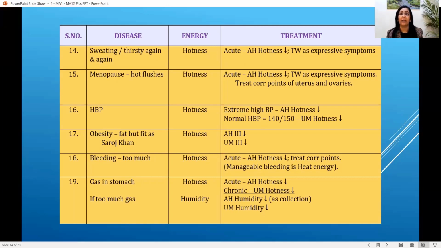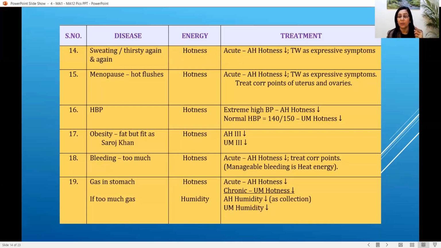then you have to treat it as acute, and treat the hotness meridian, which is the spinal cord meridian, the triple warmer. So just sedate that meridian, because the spinal cord meridian has to be sedated if there is an expression of this, like a lot of thirst and sweating.